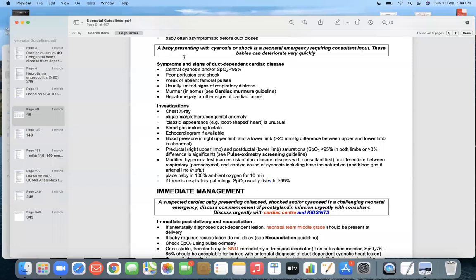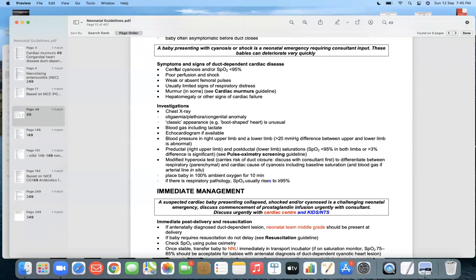From here, a baby presenting with cyanosis or shock is a neonatal emergency requiring consultant input. These babies can deteriorate very quickly. Symptoms and signs of duct-dependent cardiac lesions: central cyanosis or SpO2 less than 95%, poor perfusion or shock, weak or absent femoral pulses, usually limited signs of respiratory distress, murmur in some, hepatomegaly and other signs of cardiac failure.